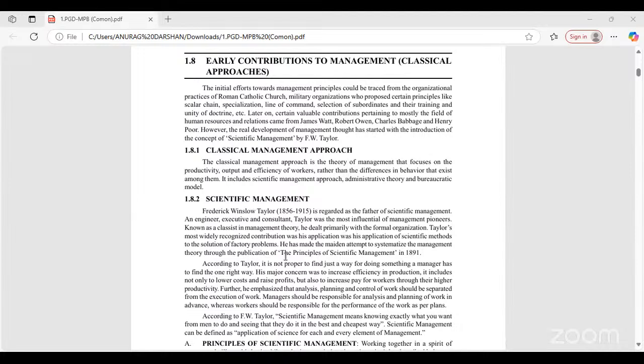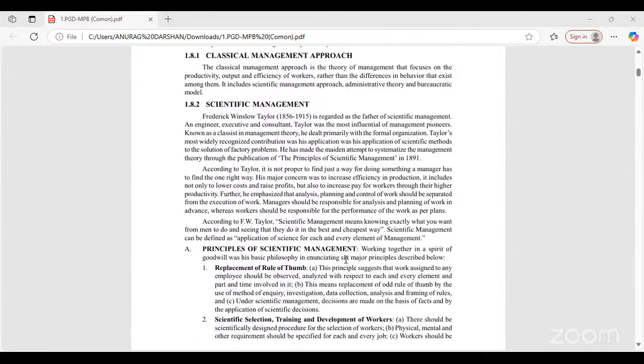And coming to scientific management, Frederick Taylor is regarded as the father of scientific management, and he has given the principles of scientific management. Scientific management means knowing exactly what you want men to do and seeing that they do it in the best and cheapest way.